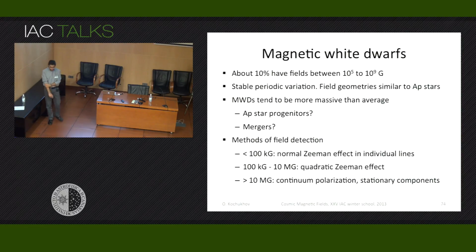And then magnetic white dwarfs. They are quite different beasts compared to all stars considered until now. Their magnetic incidence is a little bit unclear, but again, one usually talks about 10%. And their fields span a very large range, up to 10 to the 9 Gauss.